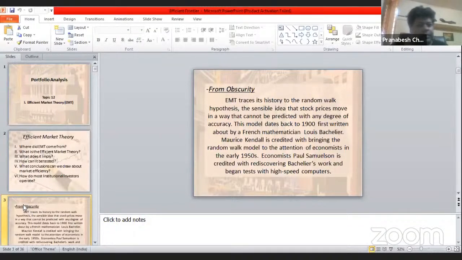Now, what does EMT, or the efficient market theory, actually mean? Let's go back to the time when the stock price movement was basically given by the random walk hypothesis.